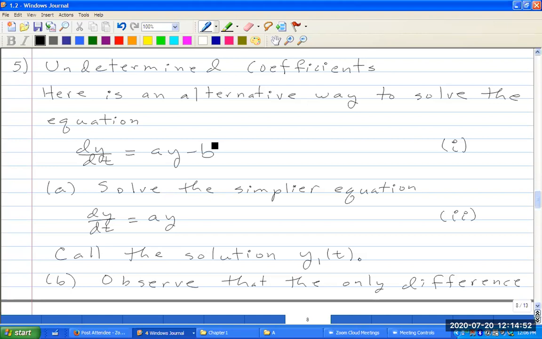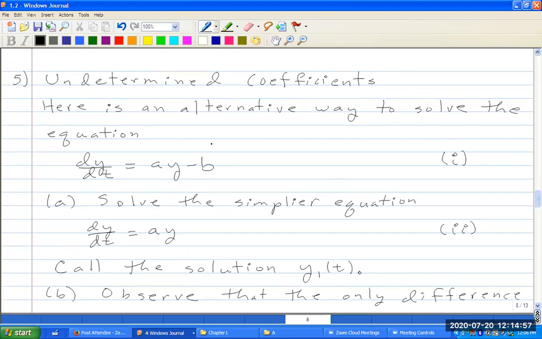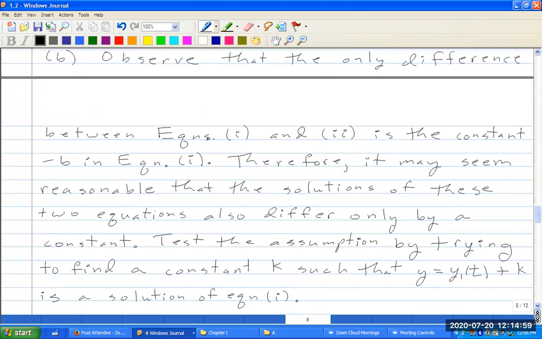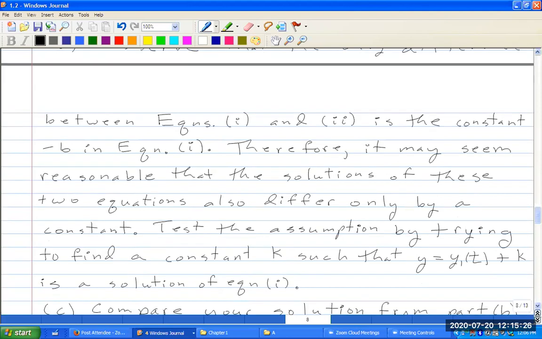Call the solution y1. Observe that the only difference between equations 1 and 2 is the constant, therefore it may seem reasonable that the solutions of these two equations also differ only by a constant. Test the assumption by trying to find a constant k such that y equals y1 plus k is the solution of equation 1.